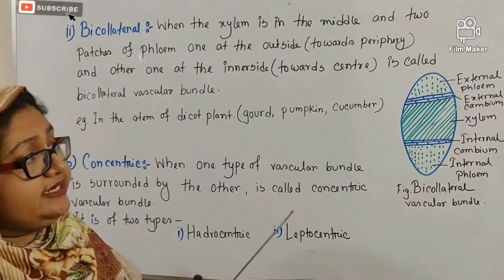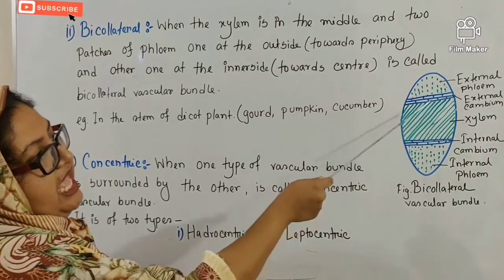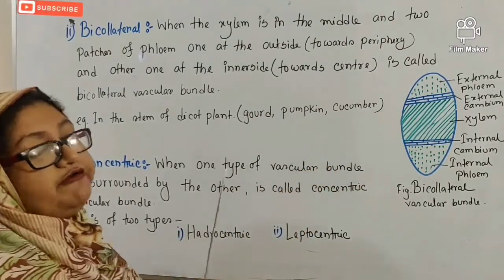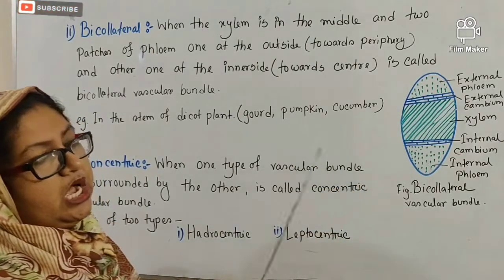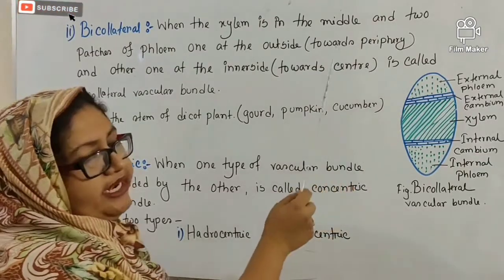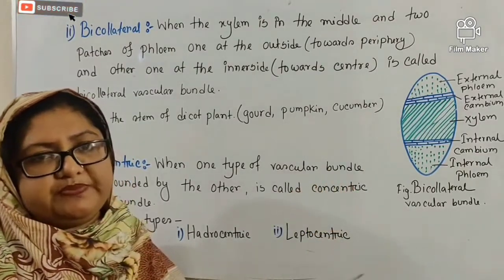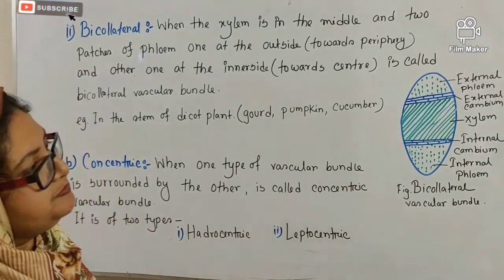You can see in the diagram that xylem is present in the middle and there are two patches of phloem. One is external phloem, another one is internal phloem. How are these external and internal? Because one of them remains towards the periphery, and another one remains towards the center.